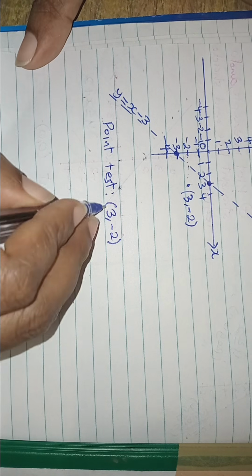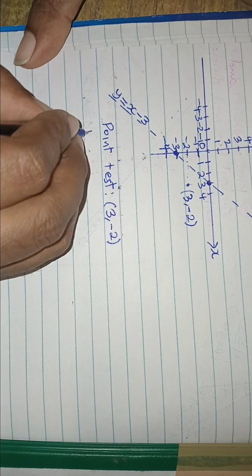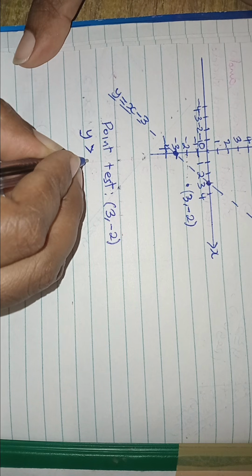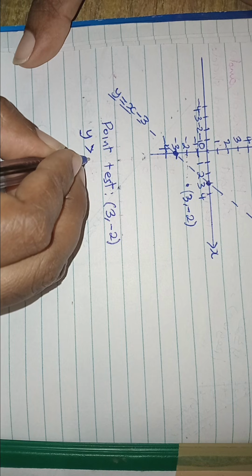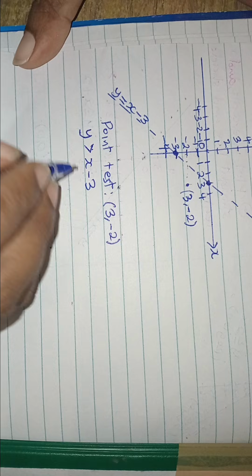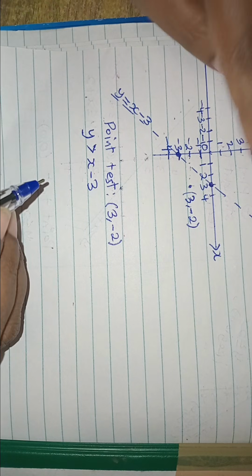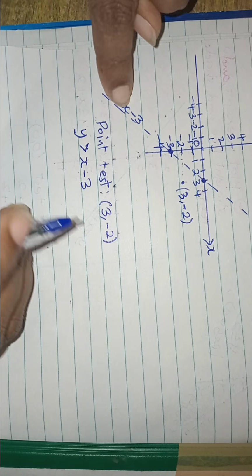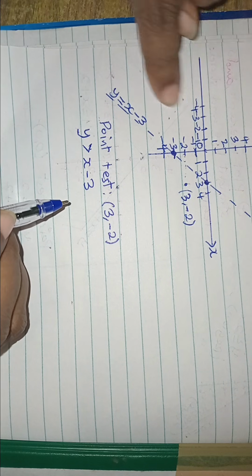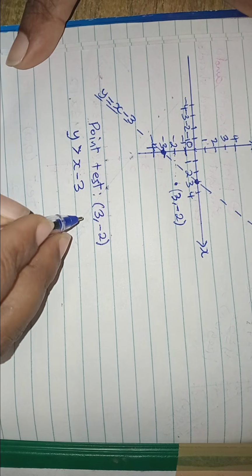Alright, so we are going to substitute this point into our inequality. Take note, to do the point test, we substitute into the inequality, not the equation. The equation is used to give us the line. The inequality will be used to give us the shaded region. Alright, let's substitute.